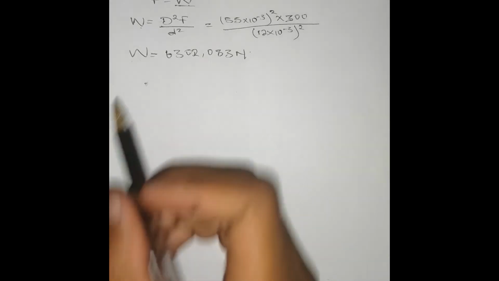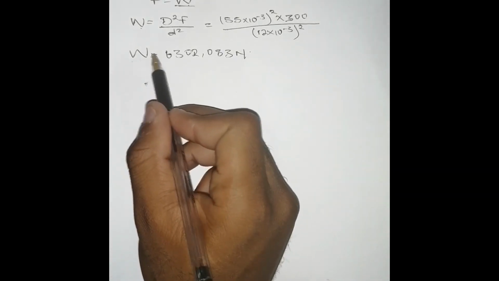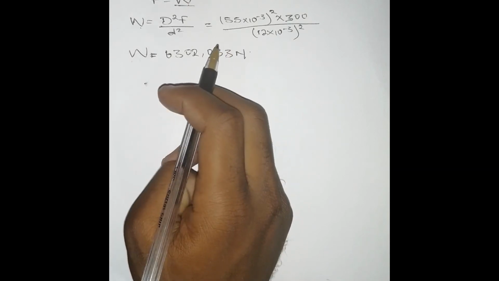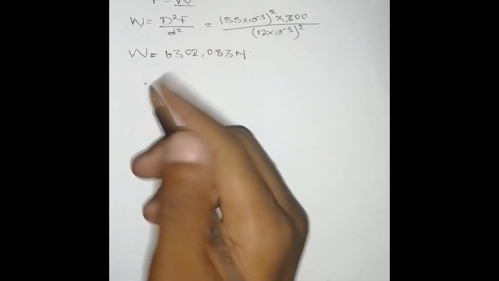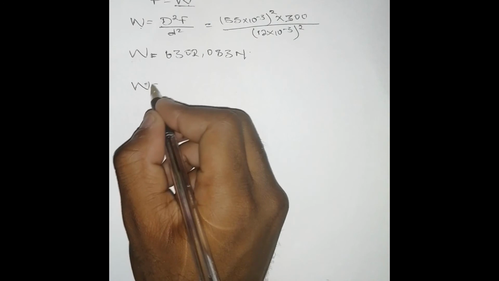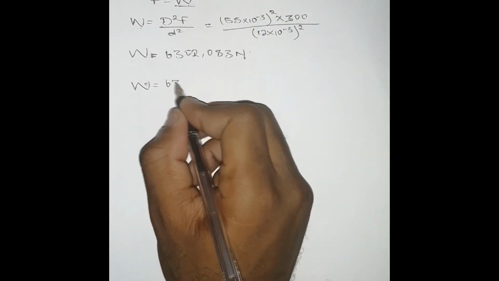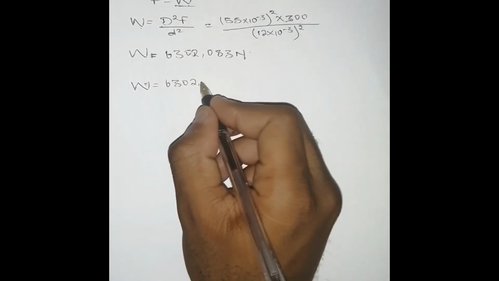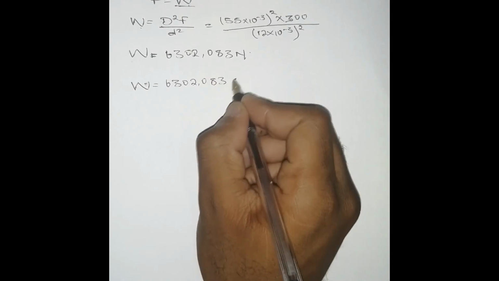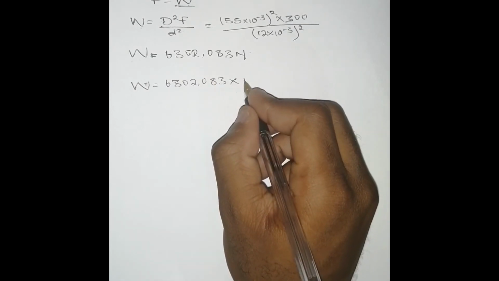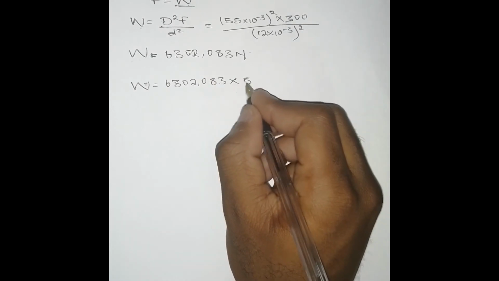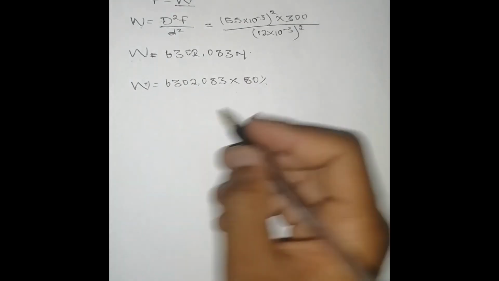And then since we are told that the system is operating at 80% efficiency, that means not all of this will be exerted, only 80% of it, and we therefore multiply this by 80% to get the exact amount of force being exerted.